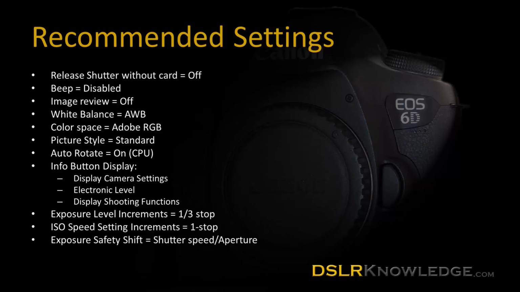Here's one that has worked well for me. Auto rotate on CPU. What this is doing is that when I take an image that is in the portrait orientation, it does not rotate the image on the camera. So when it comes up on the LCD, the image is still going to use up the entire LCD.